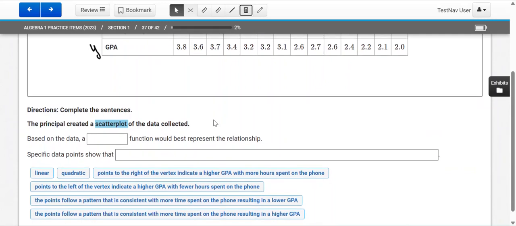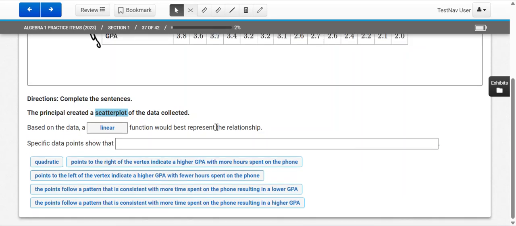It says, the principal created a scatter plot of the data. Based on the data, a linear function would best represent the relationship, right? And then the specific data shows that points to the right of the vertex. Well, first of all, since this is linear, it does not have a vertex.